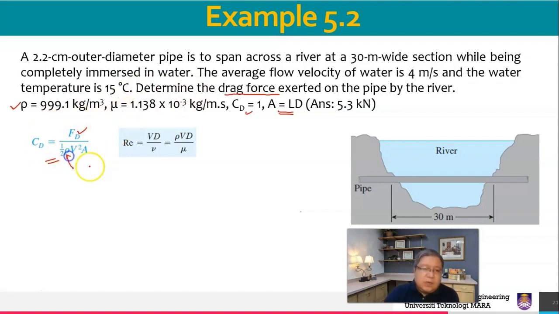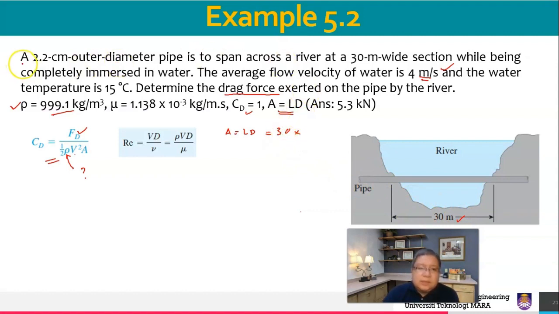So you already know the value of rho here. Then you have V here, and A is L times D. L is 30 meters here, and you times that with the diameter.